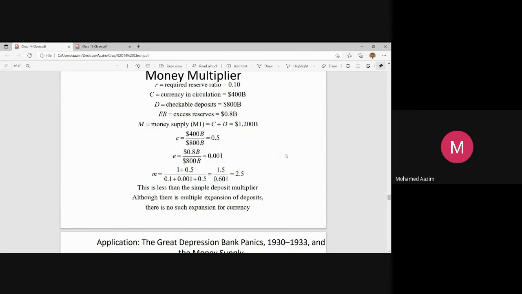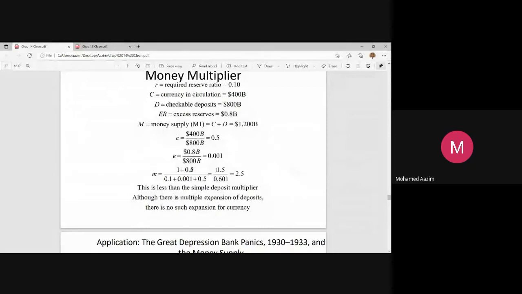So you can increase this 0.5 to 0.6, and the numerator will become 1.6.